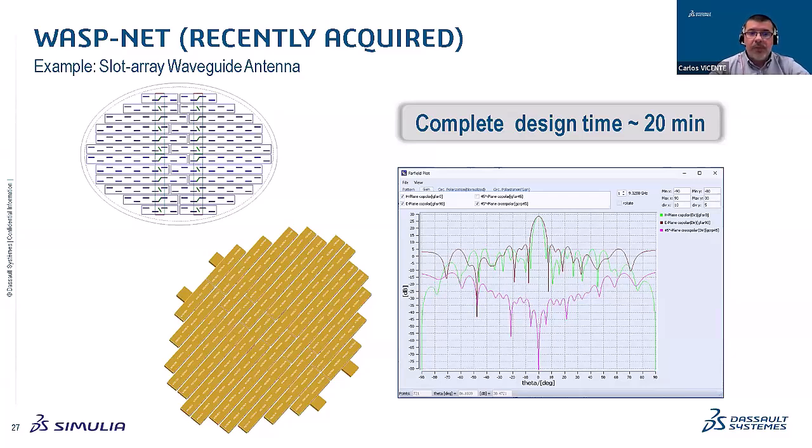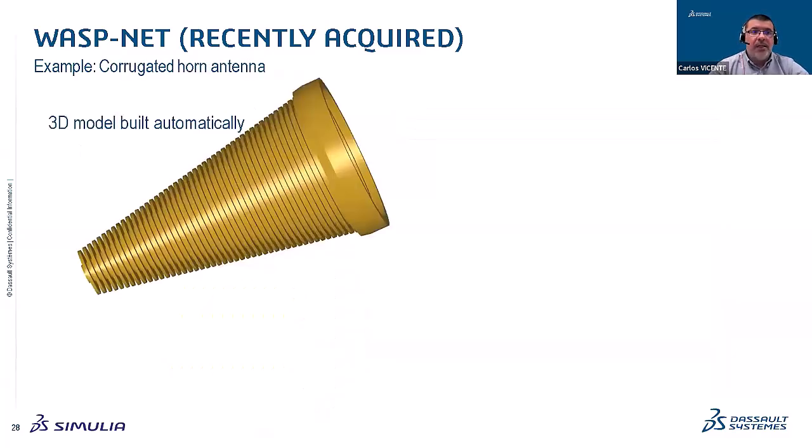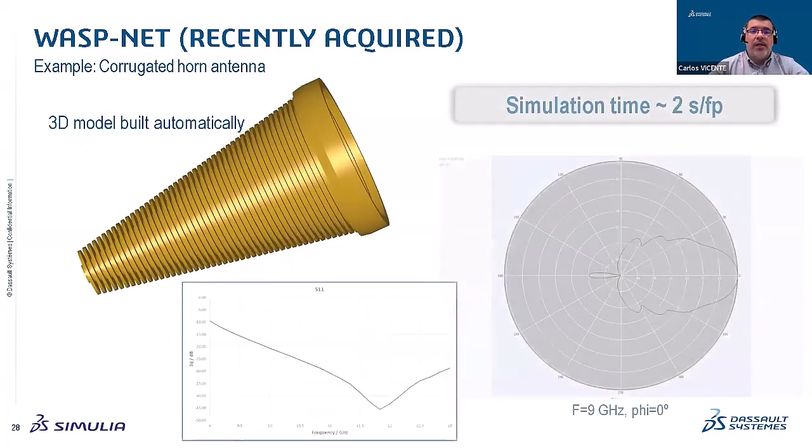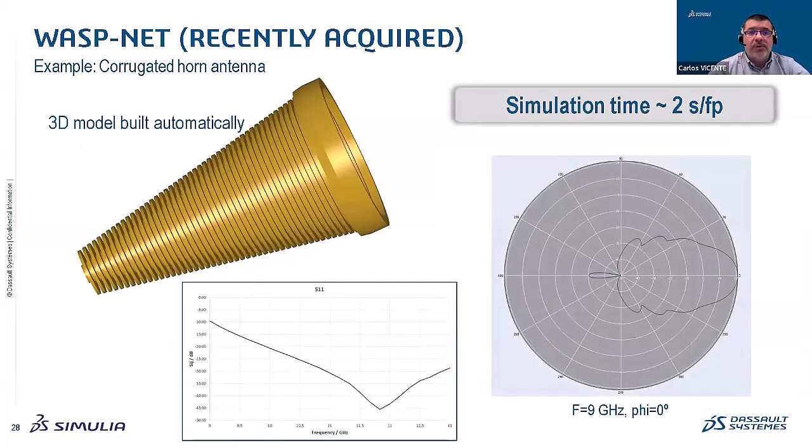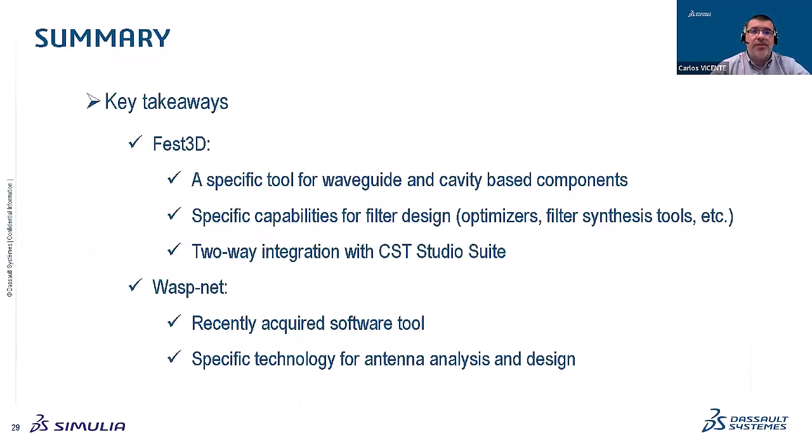Okay, and just finally, we have another example of this horn antenna where the 3D model is built automatically. Okay, and again, the simulation time per frequency point in this case is just 2 seconds, which is very, very efficient thanks to the symmetries used. And then this really helps you to design this type of components and antennas very efficiently.